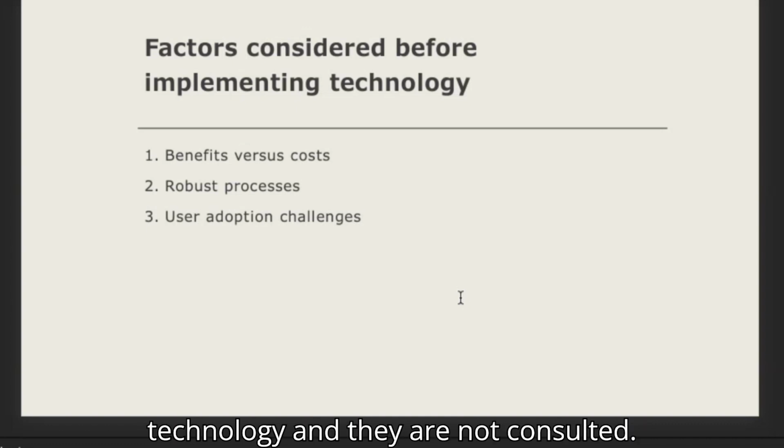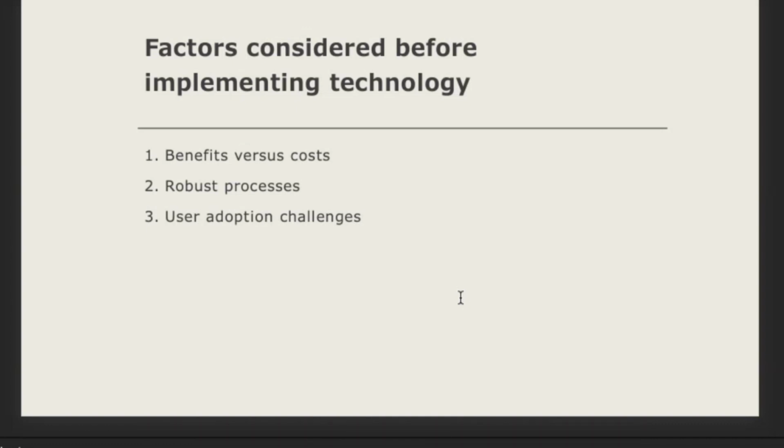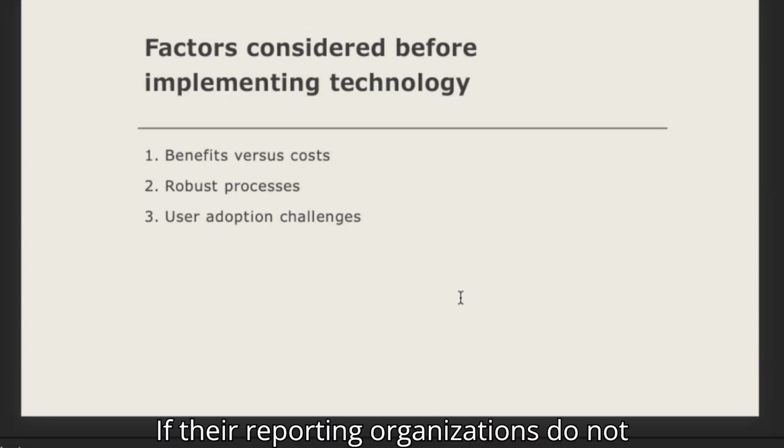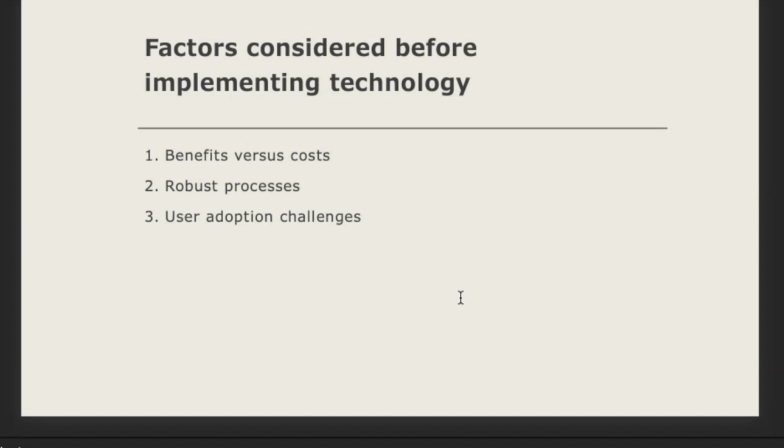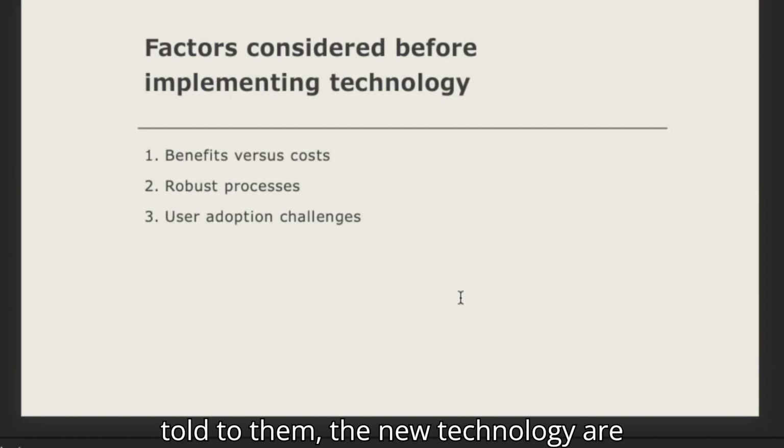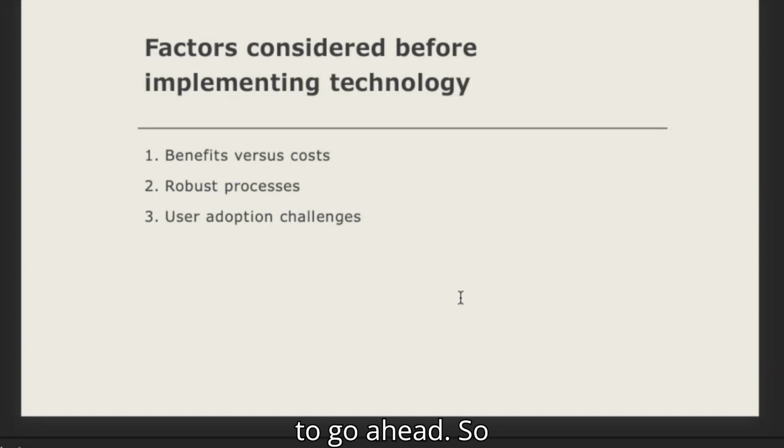When you bring the new technology and they are not consulted, if their reporting organizations do not incentivize them to do so, or if the benefits of such new technology are not properly communicated, it's very tough for the organization to go ahead.